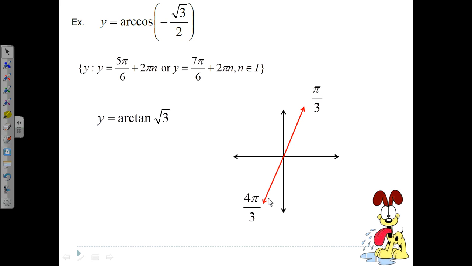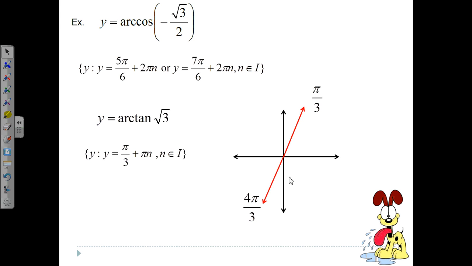So what you can do, and this is actually really nice and sweet, is that instead of taking pi over 3 and adding 2 pi n, and then taking 4 pi over 3 and adding 2 pi n, I only have to take the first one and add pi n instead of 2 pi n. So I'm adding pi every time. So here I add pi, I get down here.